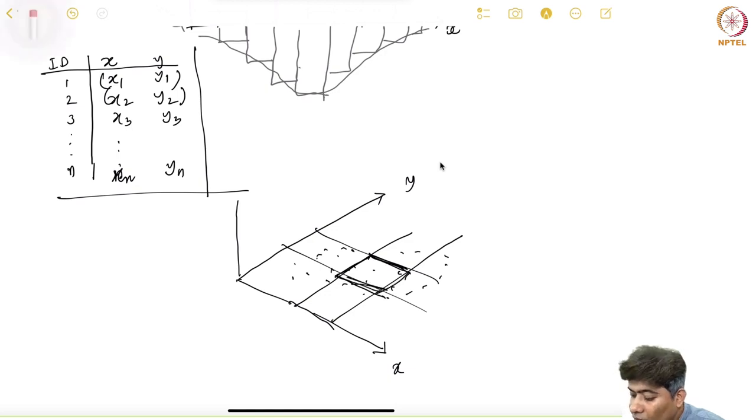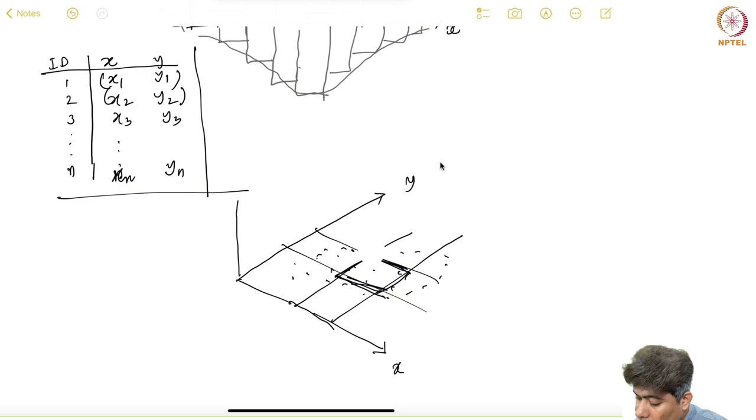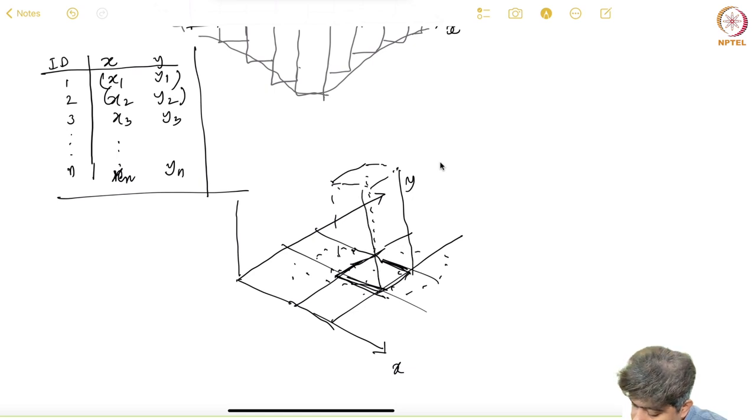Based on that we draw a 3D bar on the third axis, so a 3-dimensional histogram will be created.